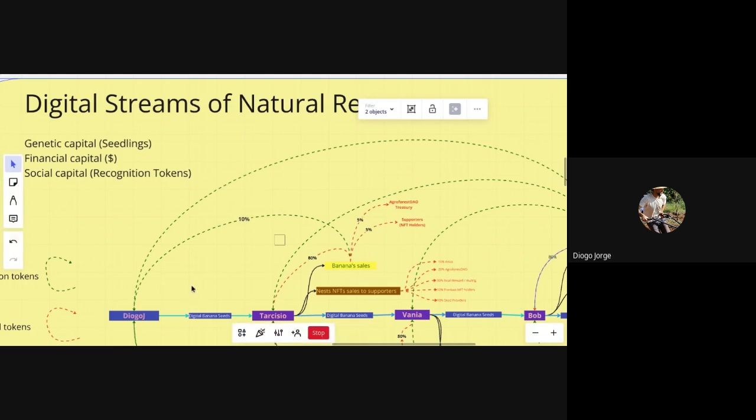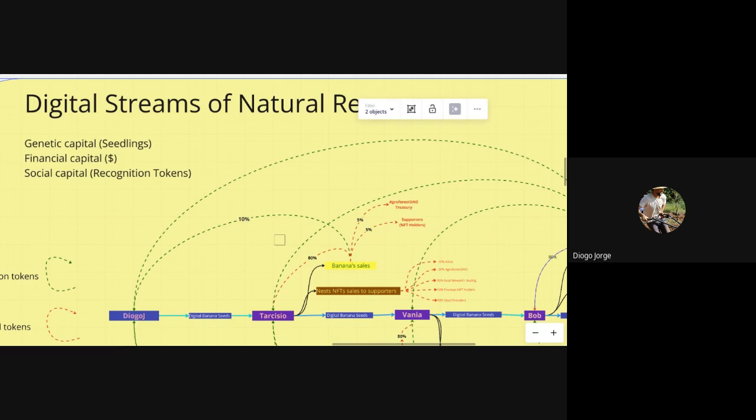So we started with, for example, our NFTs, sharing splits, so financial tokens. But it's hard to do that when you don't sell.